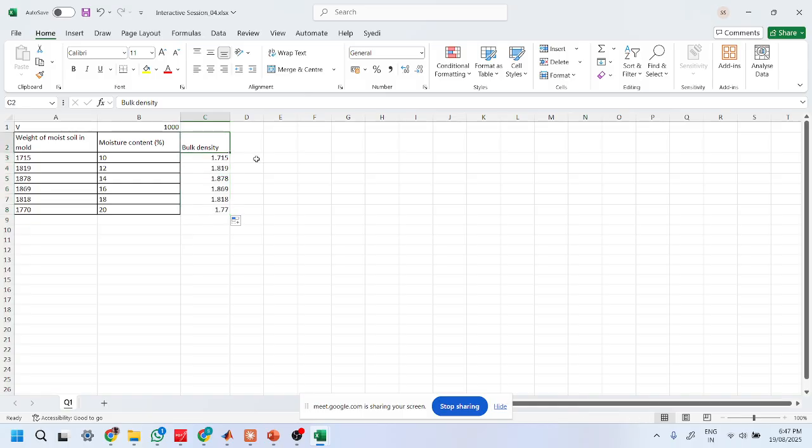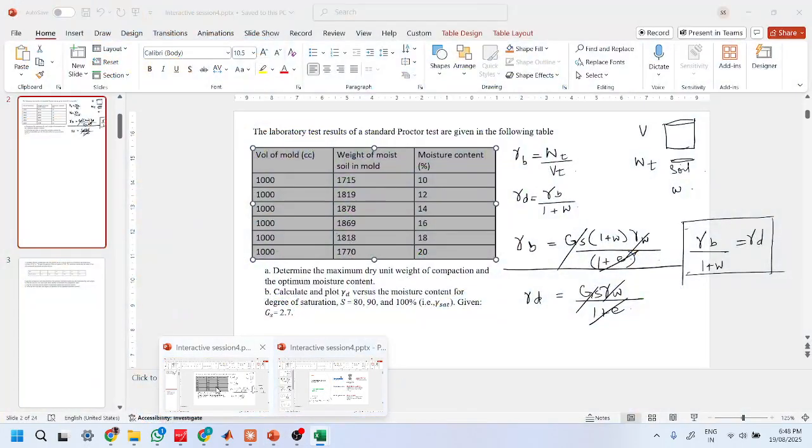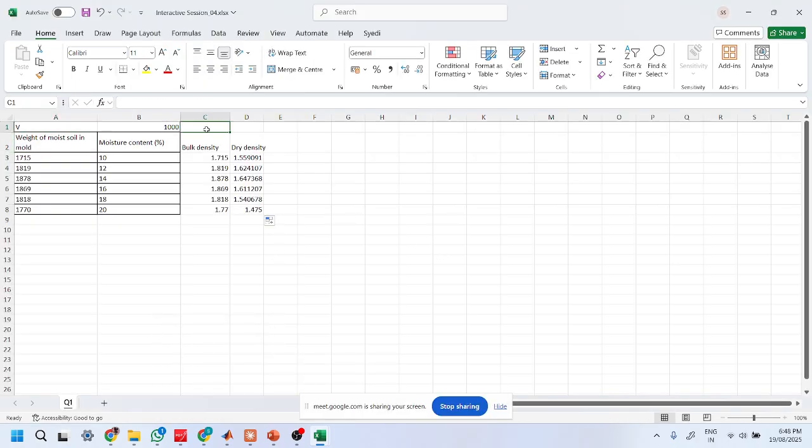One plus this. Then we can calculate the dry density.